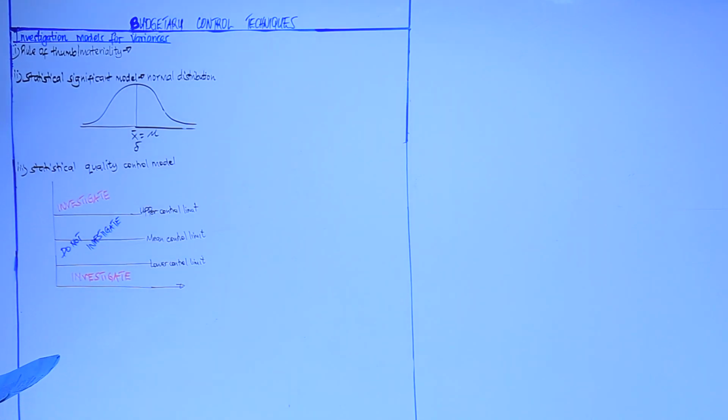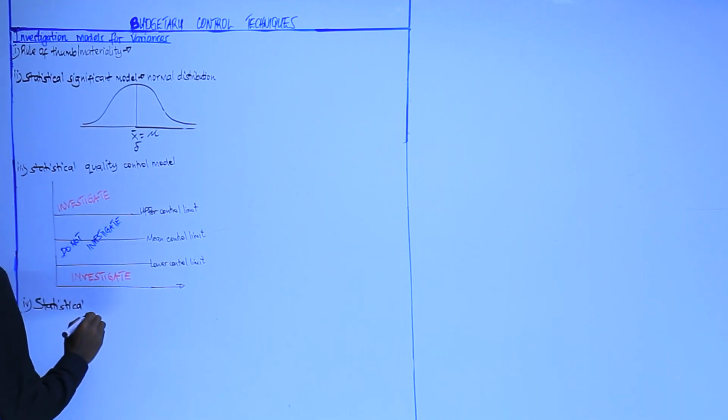Then the fourth model of investigating variances is what we refer to as the statistical decision model.